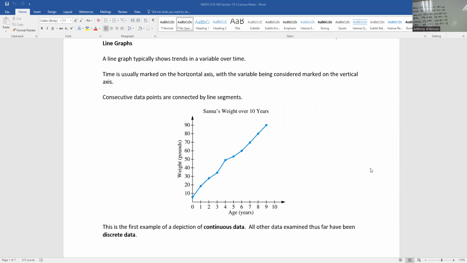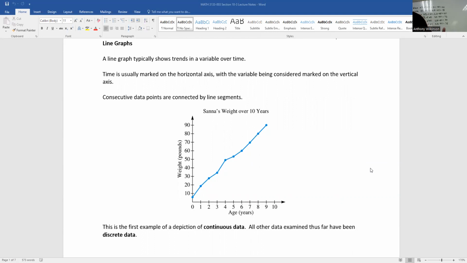Now, all other data that we've examined before have been what we call discrete data. And by the way, discrete data is usually data that you can count.